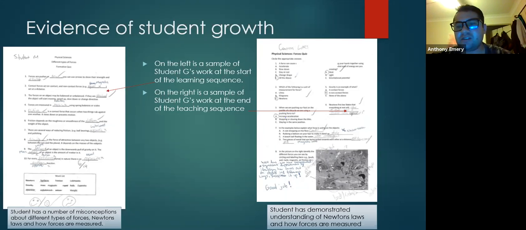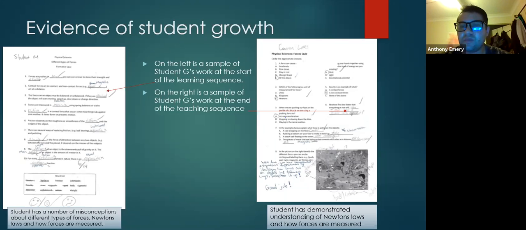As we can see in the second example on the right here, you can see the student's growth, so they can actually identify Newton's first law. Whatever is at rest will stay at rest, and whatever is in motion will stay in motion unless compelled by an external force. So he was able to identify that. That was a short response there. And he was able to identify the unit of measurement used for forces.